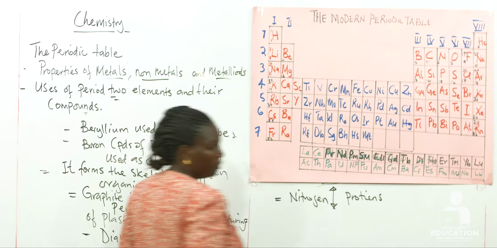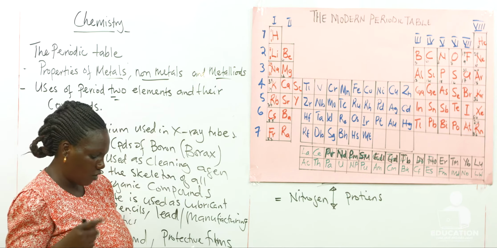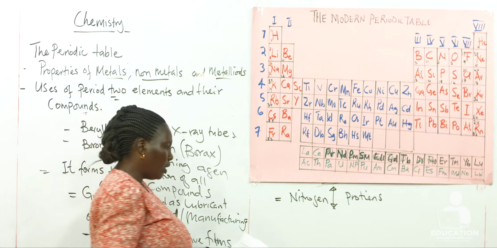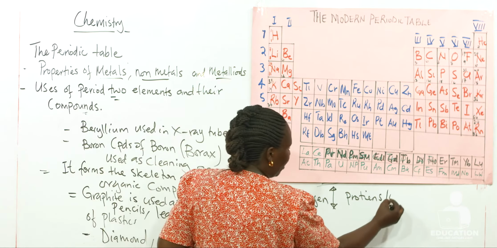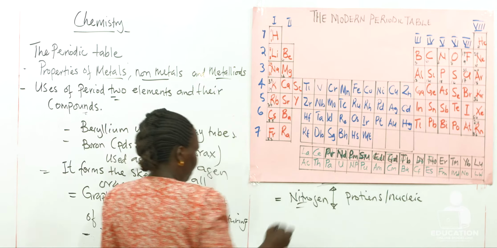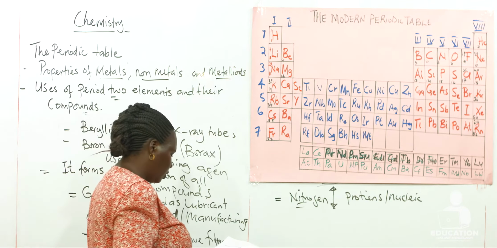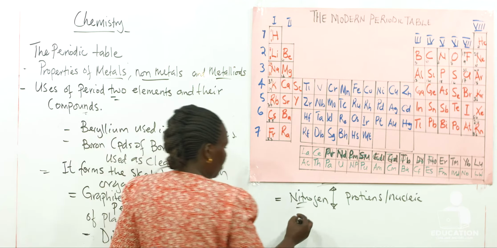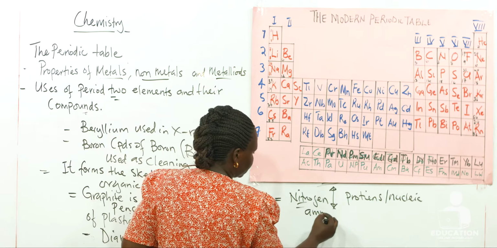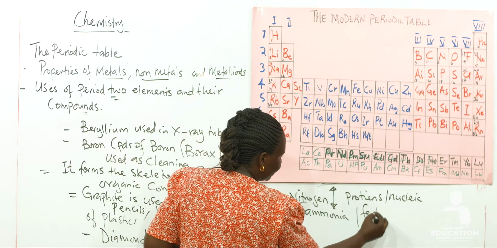And we know how important proteins are to the human body. It is for body building. And then we have nucleic acids. The presence of nitrogen is there. It is used in the manufacture of ammonia. It is also there in fertilizers.